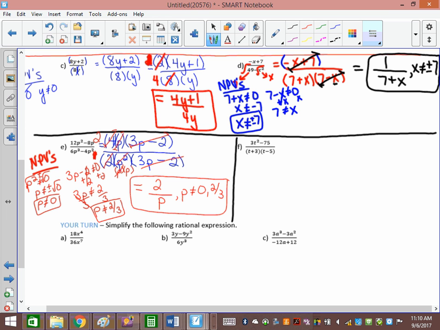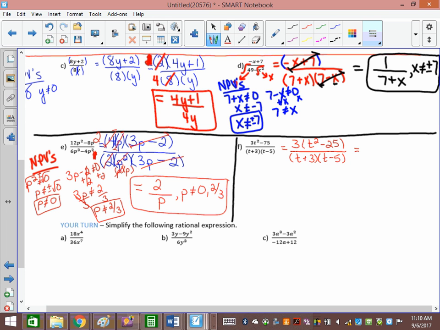For F, I said what you can do is you can take a 3 out, a GCF, out of the top. You're going to be left with 3, and then T squared minus 25, all over T plus 3, T minus 5. What is T squared minus 25?